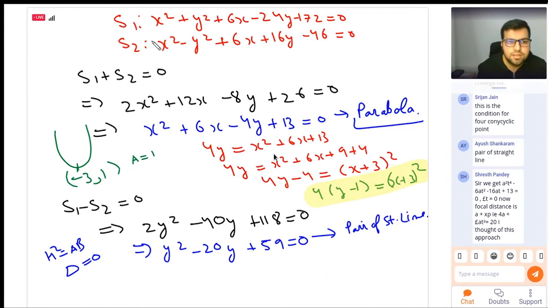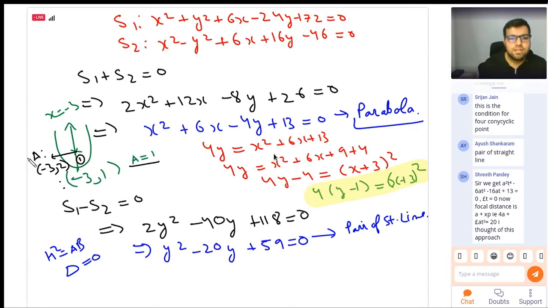Axis is parallel to the y-axis. So axis is x equals minus 3. Focus will lie over here. The x coordinate is same, and then we are going 1 upward because a is equal to 1. So minus 3 comma 2 is A, the focus, and vertex is minus 3 comma 1.